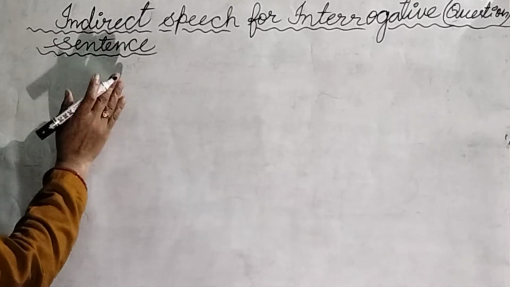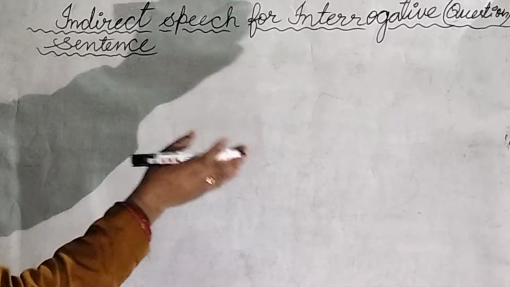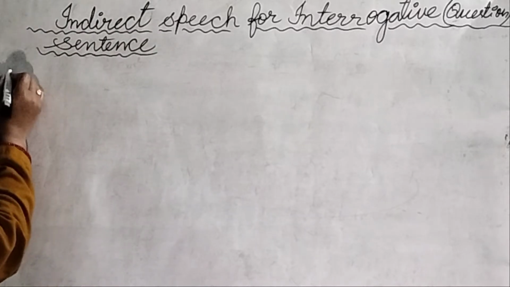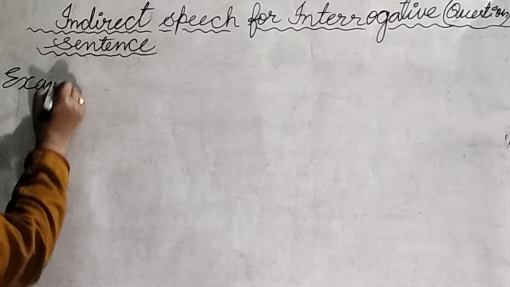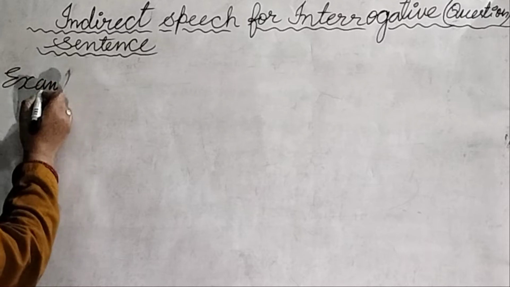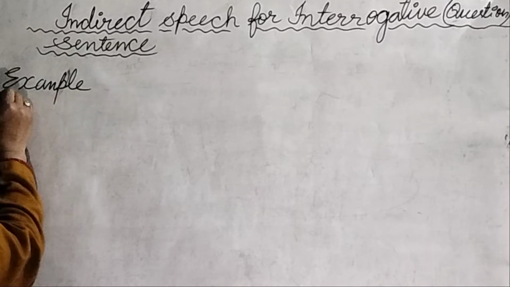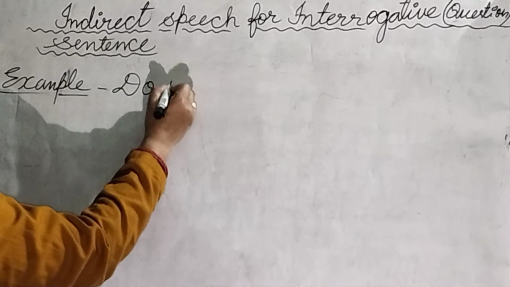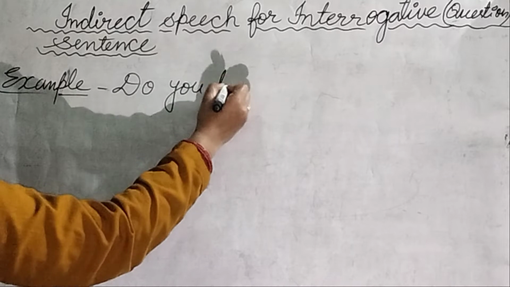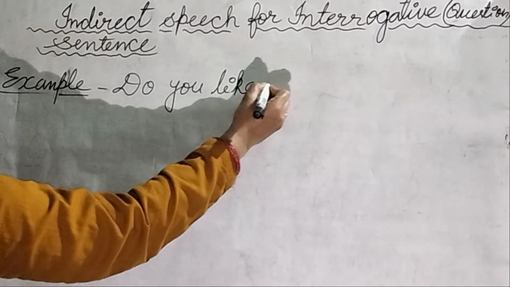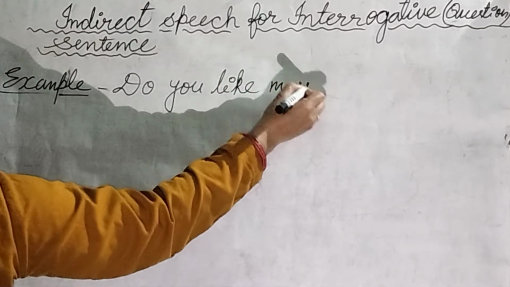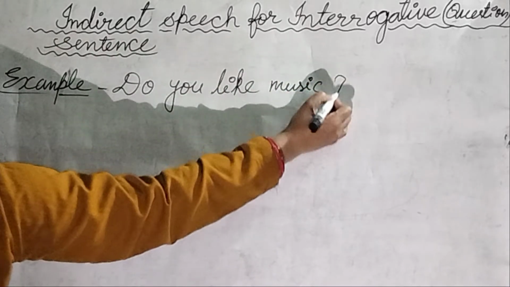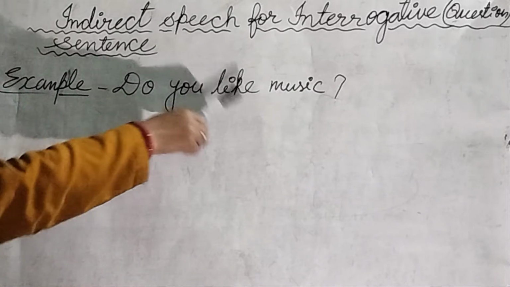One type of question can be answered in only yes or no, and the other type needs a little bit of explanation. For example, do you like music?